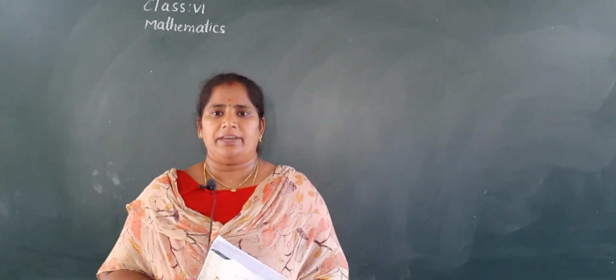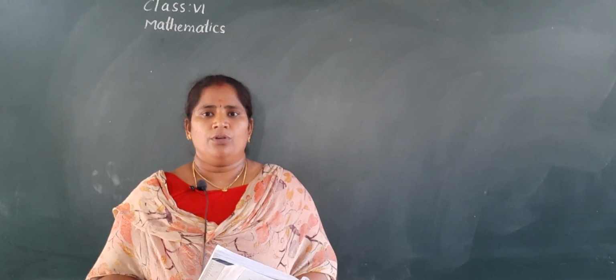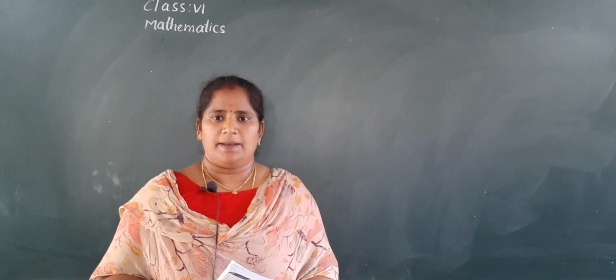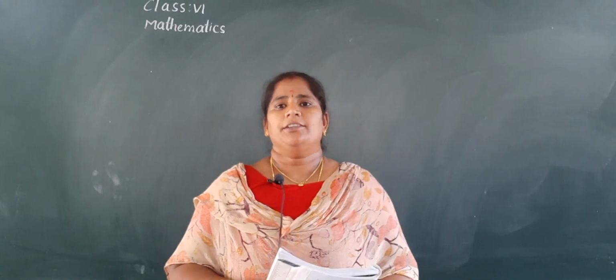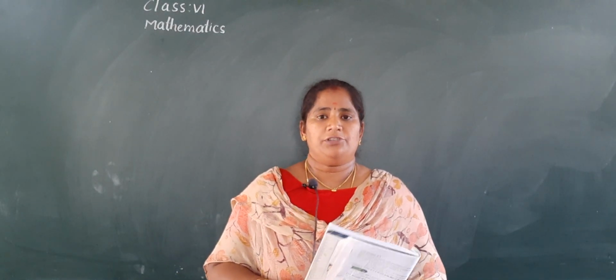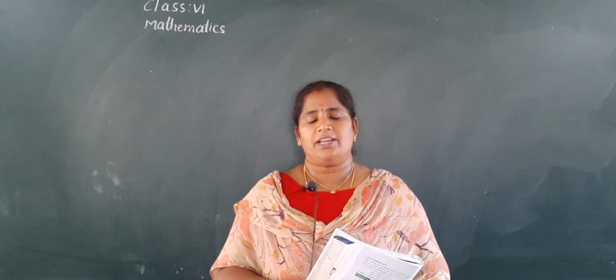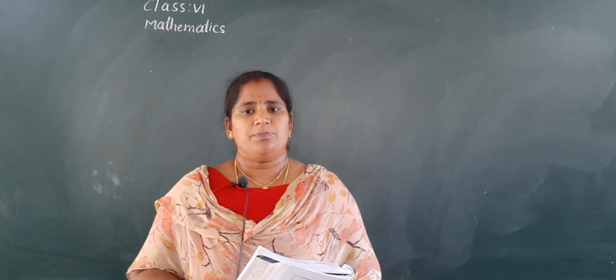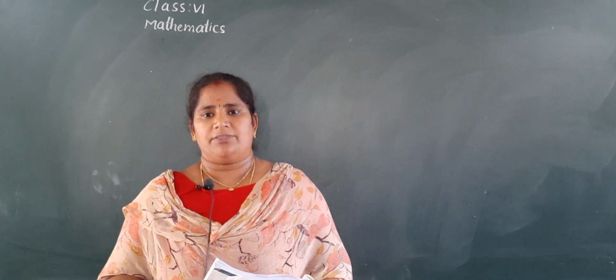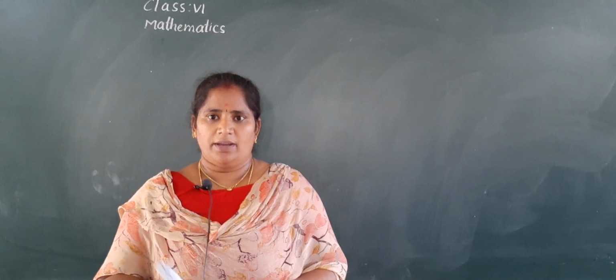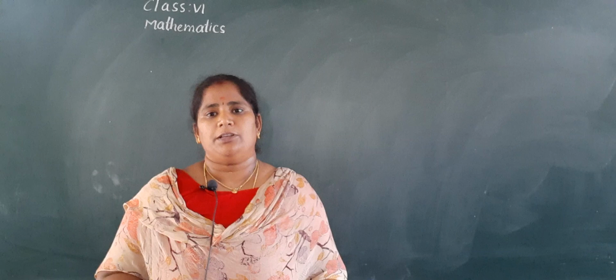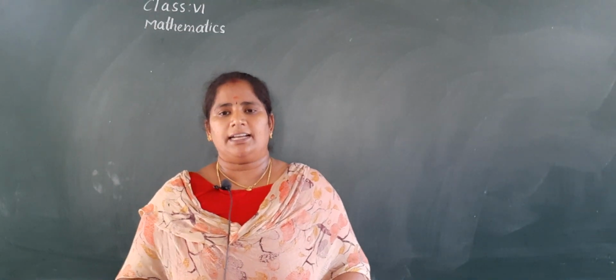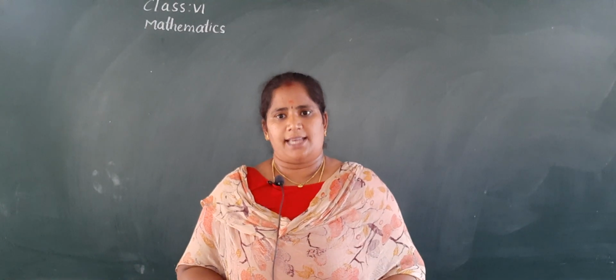If a number has either 0, 2, 4, 6, 8 in its ones place, then it is divisible by 2. Divisibility by 3 means if the sum of the digits of the given number is divisible by 3, then that number is divisible by 3. If the number is divisible by both 2 and 3, then it is divisible by 6.